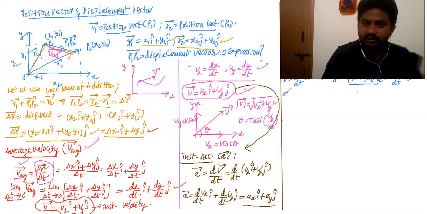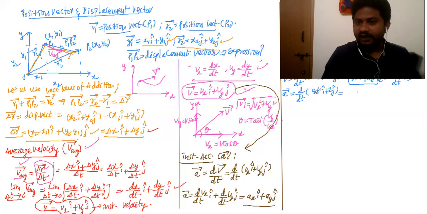Now acceleration is d by dt of velocity. Velocity is 8t i cap plus 2 j cap. So d by dt of 8t is 8 i cap, plus d by dt of 2 is 0, 0 into j cap is 0. So the answer is 8 i cap, the acceleration.